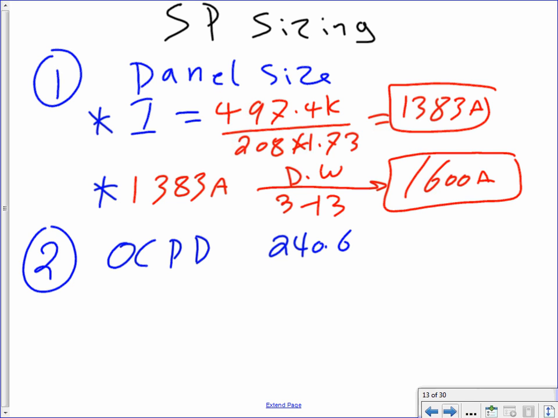So we got the total demand amps. The first step is the total demand. This step is 5.2 in your book, in your calculation.